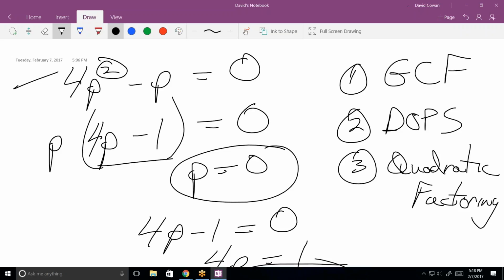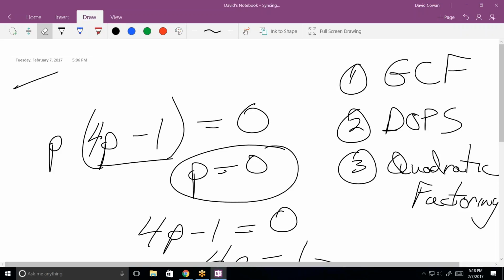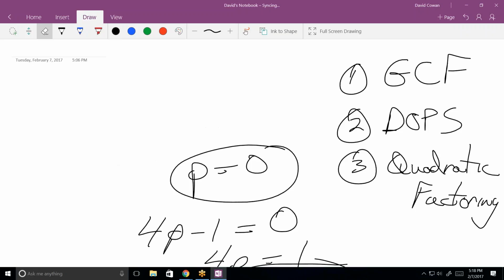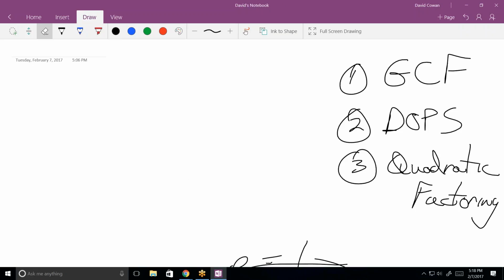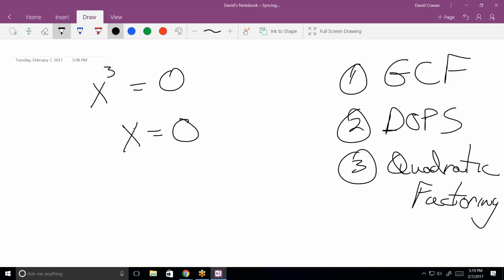Sometimes cubics give you, in other words, if I give you this equation, x cubed equals 0, well, that's a cubic. So I'm expecting 3 solutions. I only appear to get 1 solution, but it has multiplicity of 3. Okay?